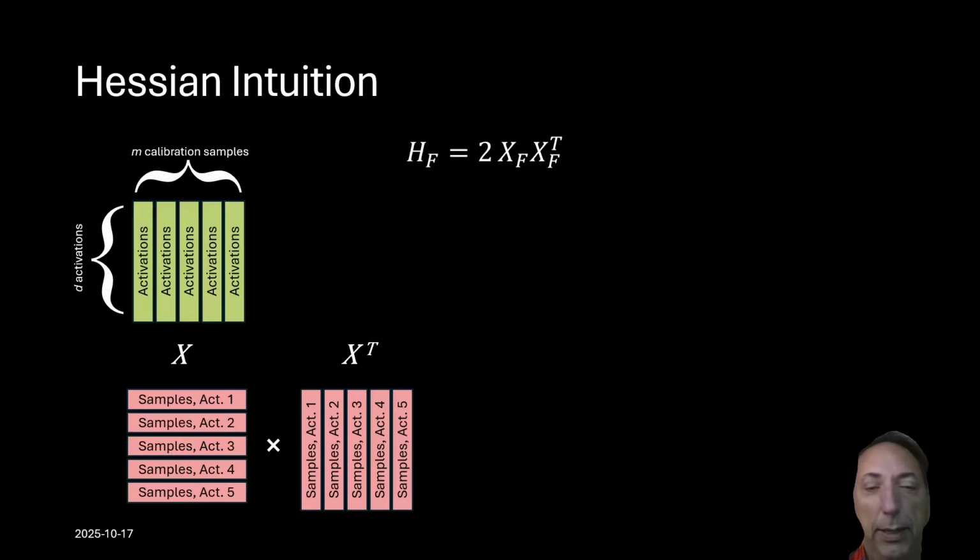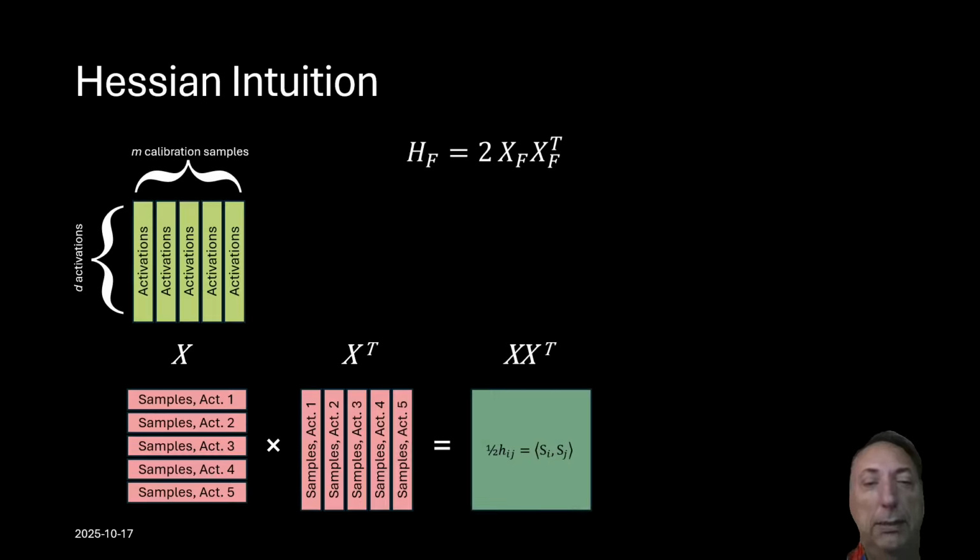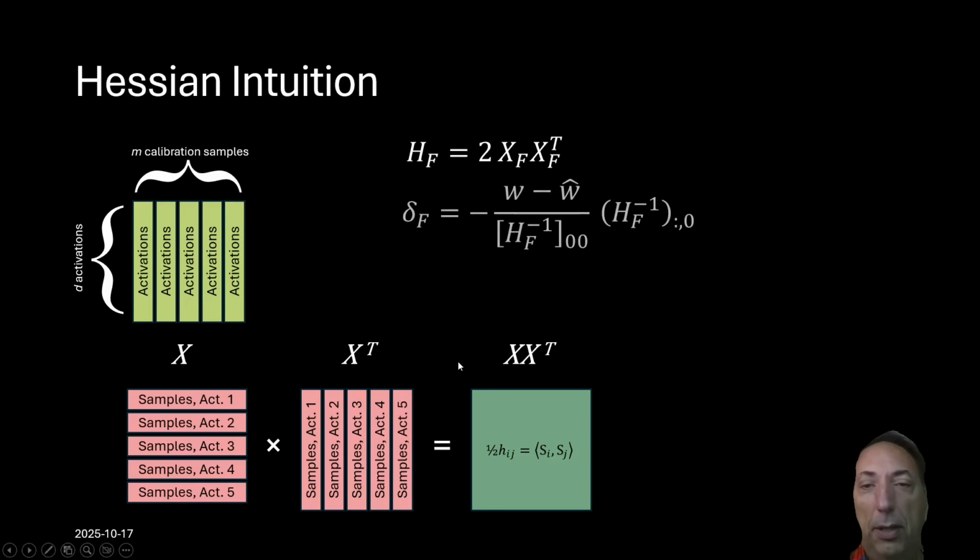And when you multiply that, you see that we're taking the dot product or inner product of each set of samples for a particular activation with another set of samples for a different activation. So activation 1 with itself, activation 1 with activation 2, 1 with 3, 1 with 4, etc. And so this actually shows correlations.